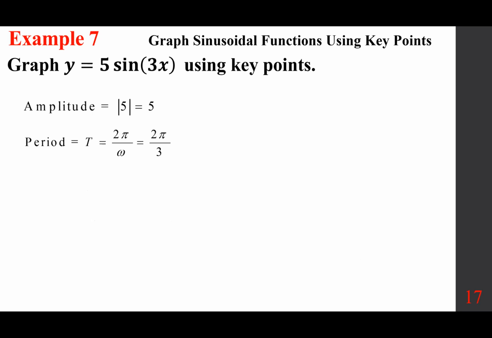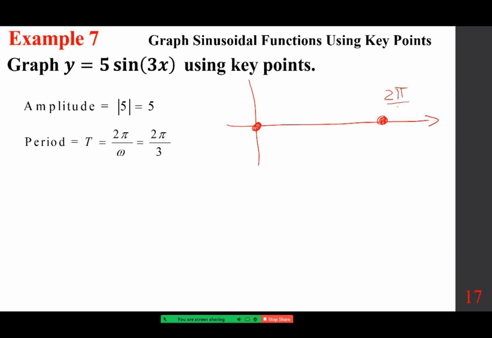So just for the sake of argument, this is 0 and this is 2 pi over 3, and now I'm going to cut this into 4 parts.